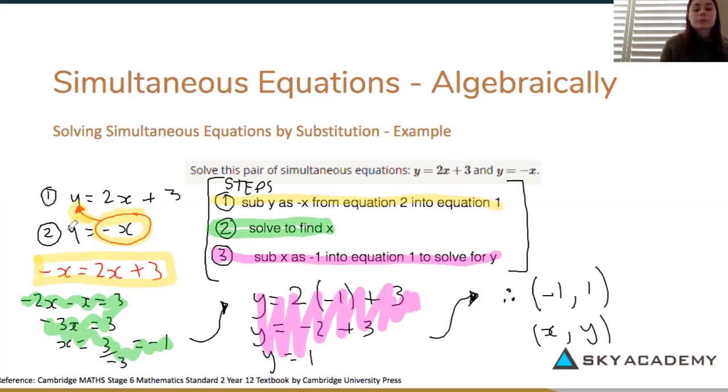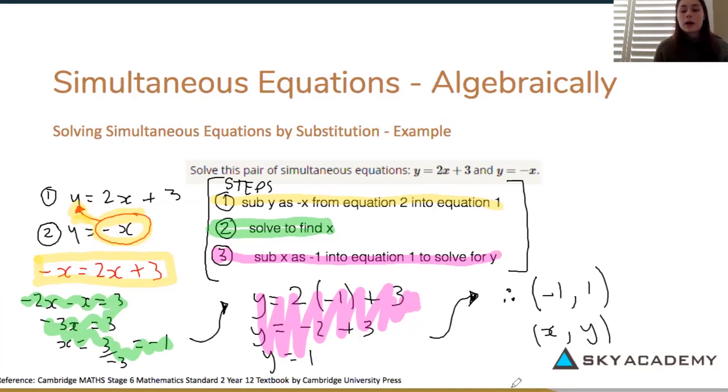And then once we've done that, we'll have an answer for x, and we'll have an answer for y, and we write our answer here, -1, 1. So we write our answer in brackets, as the point of intersection, in the form x, comma, y.